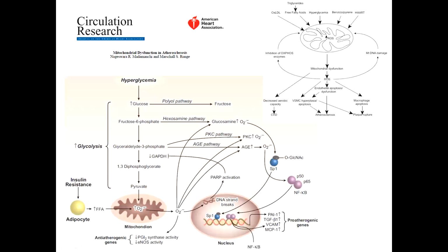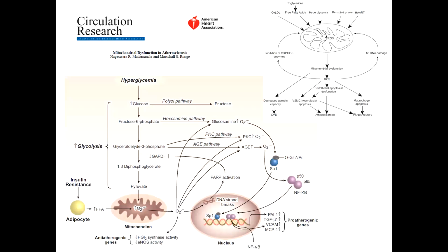Anyway, so we go back up to this figure: mitochondrial damage, mtDNA, that's mitochondrial DNA damage occurs. Mitochondrial dysfunction occurs. This is going to produce aberrant ROS levels because it's overworking and it's sick. This is going to cause endothelial apoptosis when it's not necessary.